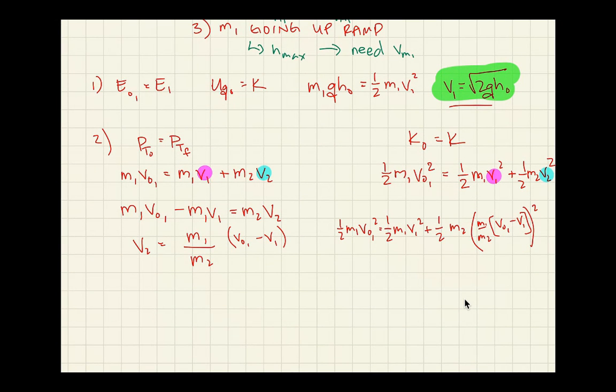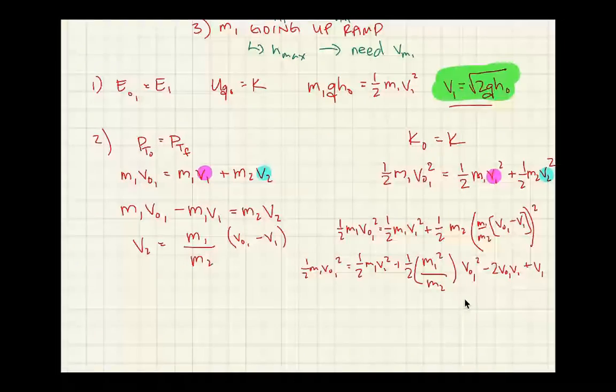So now we're looking to simplify this. Now, one of these m2s is going to cancel, and I'll be left with m1 squared on top over m2, and that's going to be multiplied by v01 minus v1 squared, which is going to be v01 squared minus 2 v01 v1 plus v1 squared.